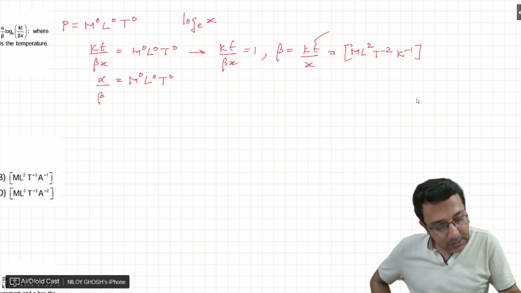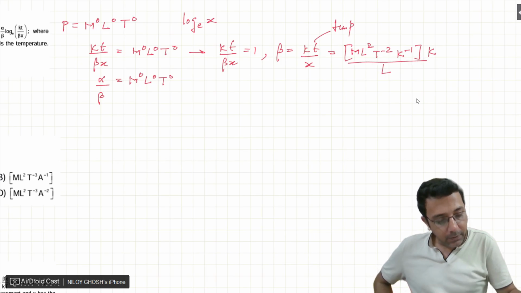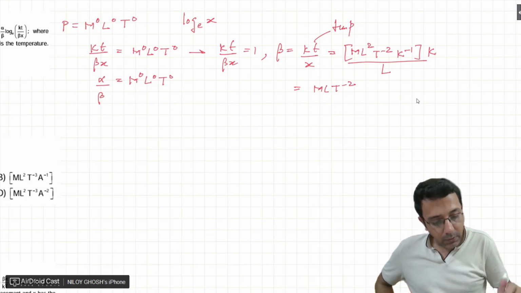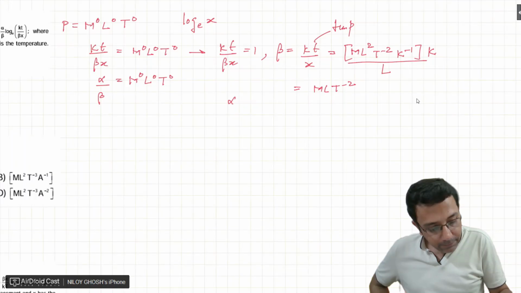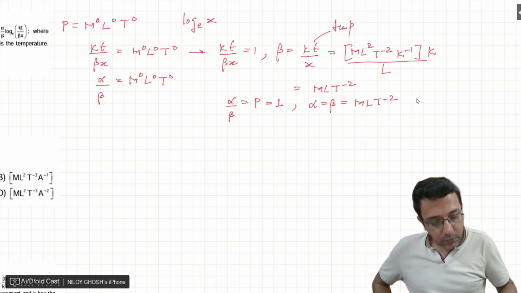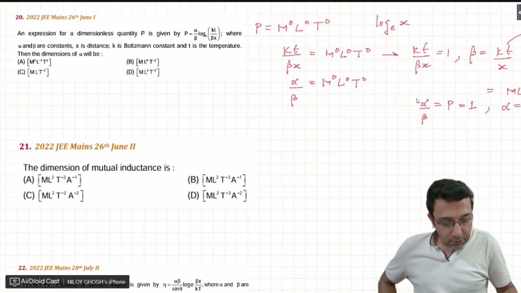This T term is also temperature, so I am writing K again, divided by L. So beta becomes M L T minus 2. And alpha by beta is equal to P, which is equal to 1 because it is dimensionless. So alpha becomes equal to beta, which is M L T minus 2. Fine. So that is the solution of this problem.